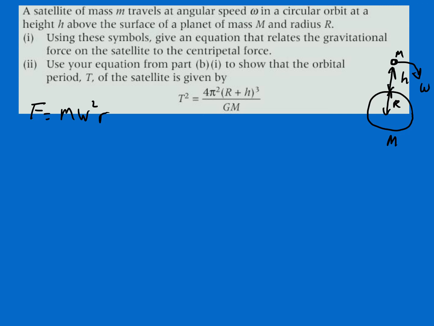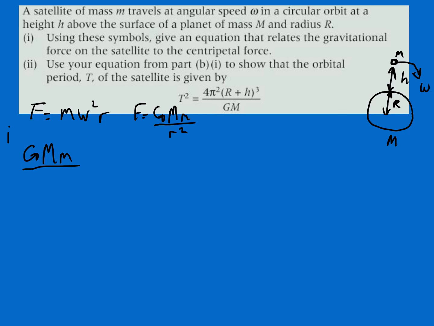So to equate the two, we're going to use that, and we're going to use G M m over r squared. The next line is just to equate the two. So if we put our gravitational force on the left hand side, G for the mass of the planet M, mass of the satellite m, and the distance.